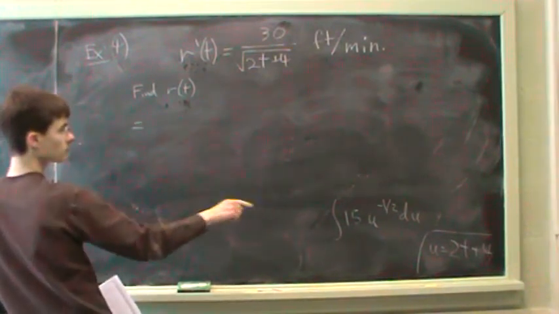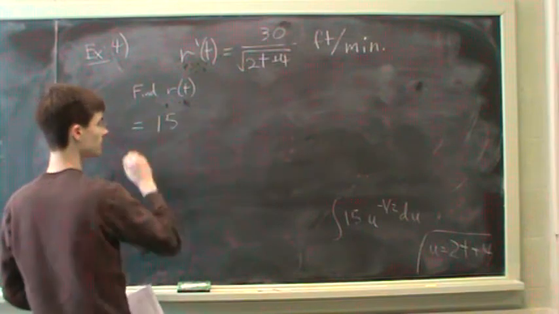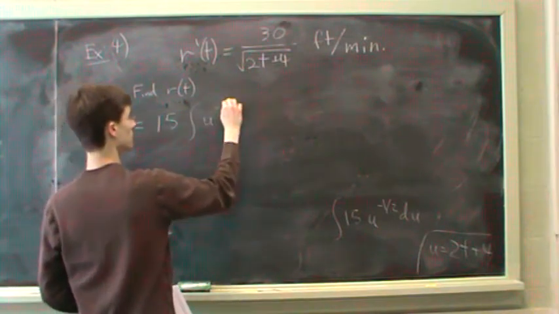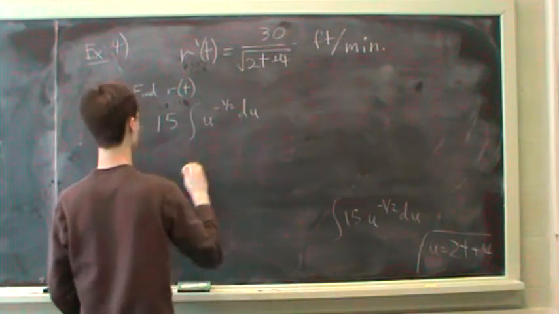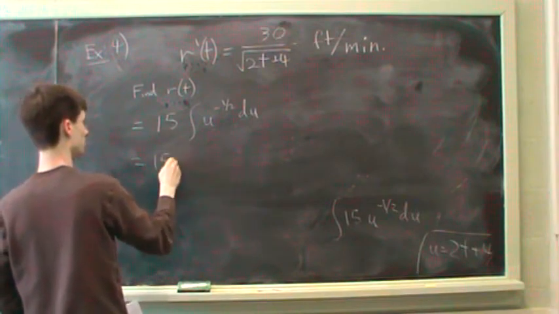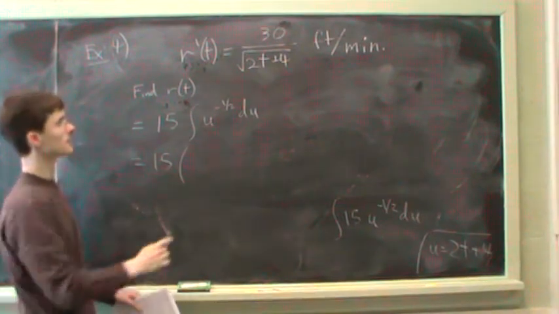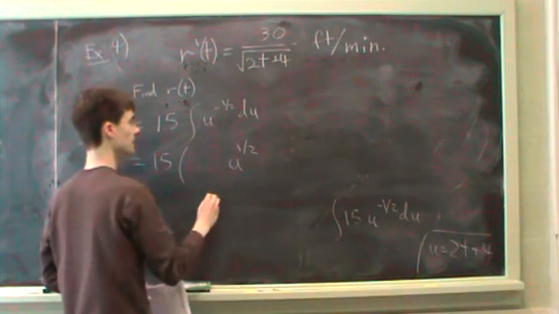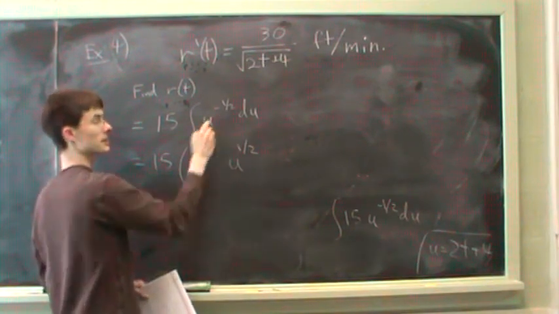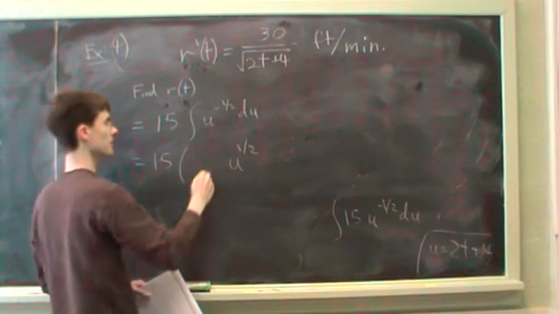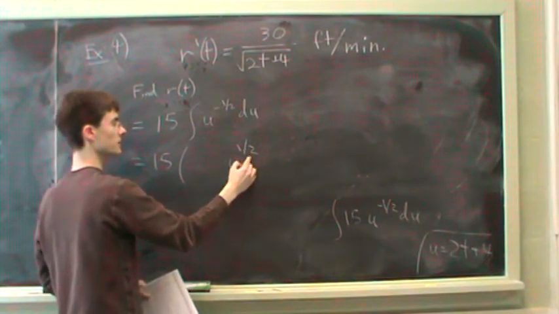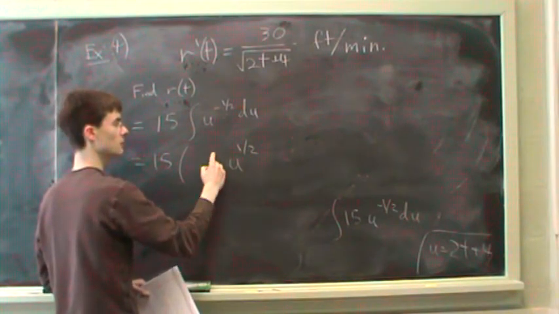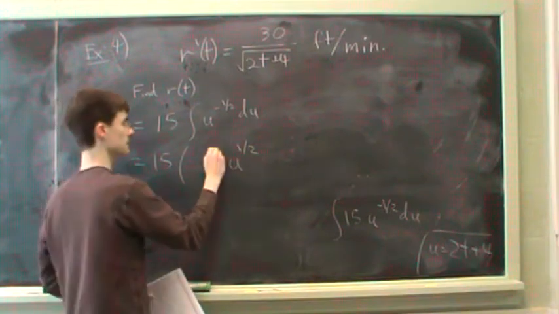And that integral will become, if we pull the 15 out, and now the antiderivative of u to the negative 1/2 will be u to the 1/2, because we increase the exponent by 1, and then we need to divide by the new exponent, and dividing by 1/2 is the same as multiplying by 2.